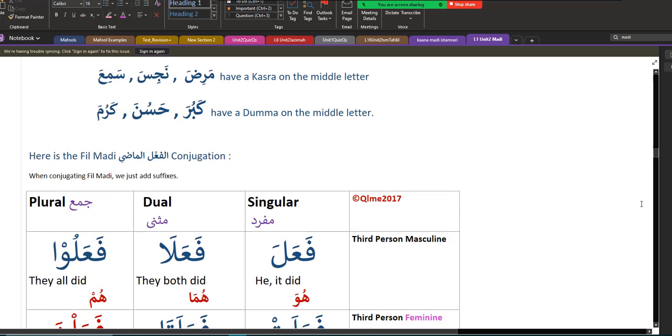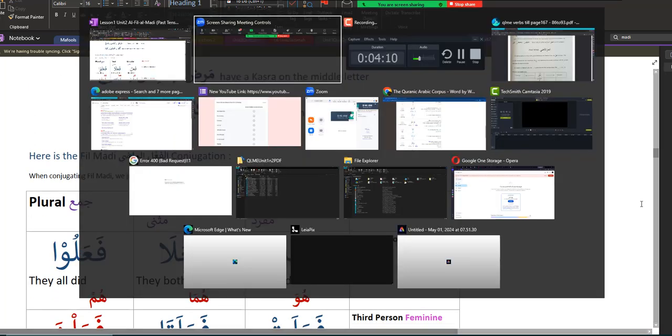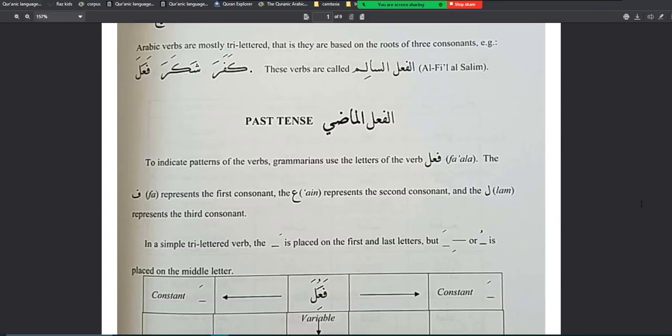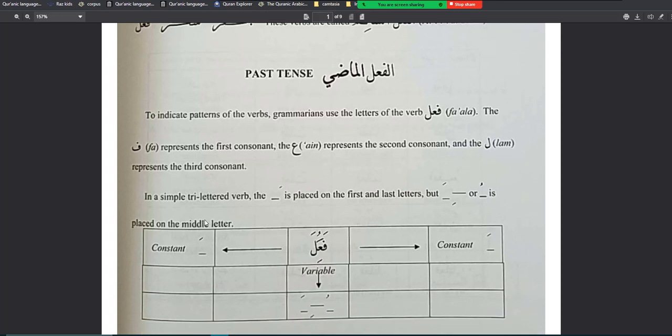So here is the fi'l madi chart. Let's look in the book. It says to indicate the patterns of the verbs, the grammarians use the letters of the verb fa'ala. The fa represents the first consonant, that is fa kalima, the ain represents the second consonant, ain kalima, and the lam represents the third consonant, that is lam kalima.